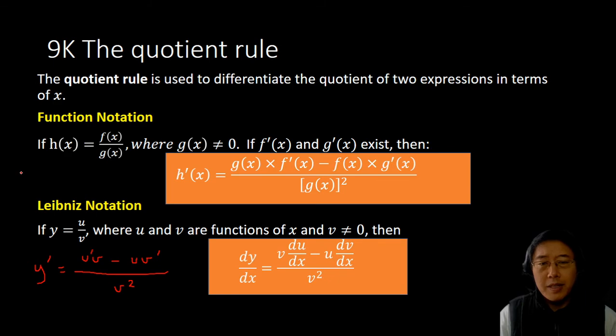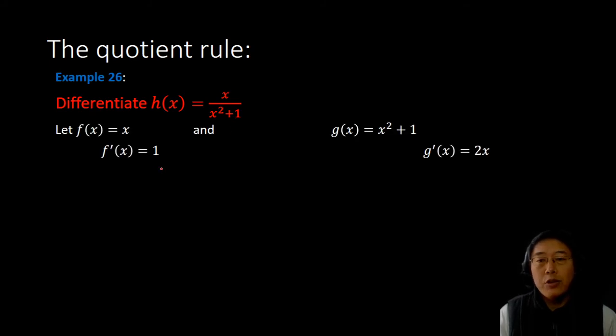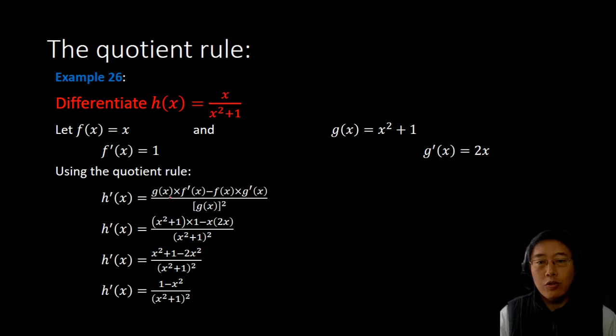Okay, let's do a couple of examples. So you have here h of x, it's a quotient. You call f of x the numerator, that's x, the derivative is 1. The denominator function is x squared plus 1. You differentiate, that gives you 2x, and you apply the quotient rule.